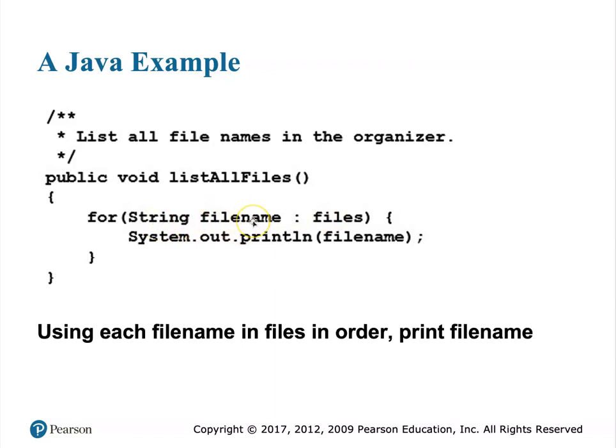So let's call it file name. This part is up to us, but a good name choice makes obvious what we're doing. So, for every file name of type string in files, come into the loop and print that file name.